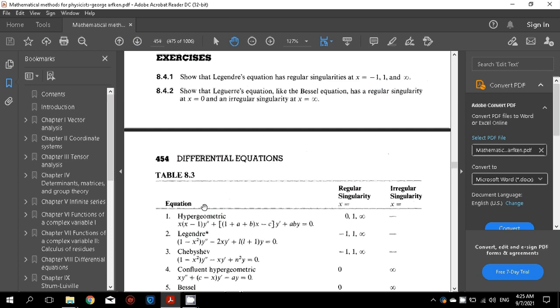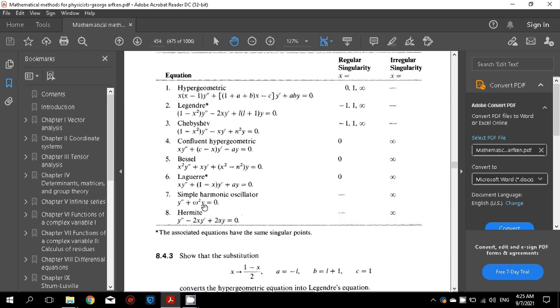This table shown here carries 8 equations, and these 8 equations cover the entire physics. We have the hypergeometric equation in the standard form, Legendre differential equation, Chebyshev differential equation, confluent hypergeometric equation, Bessel's equation, Laguerre equation, simple harmonic oscillator, and Hermite equation.